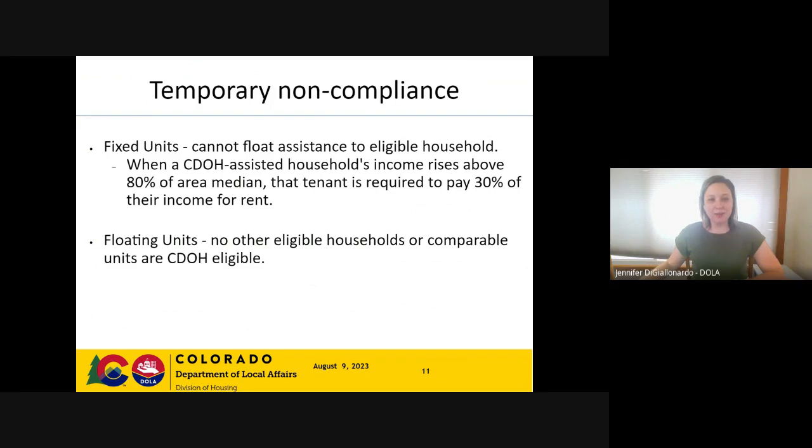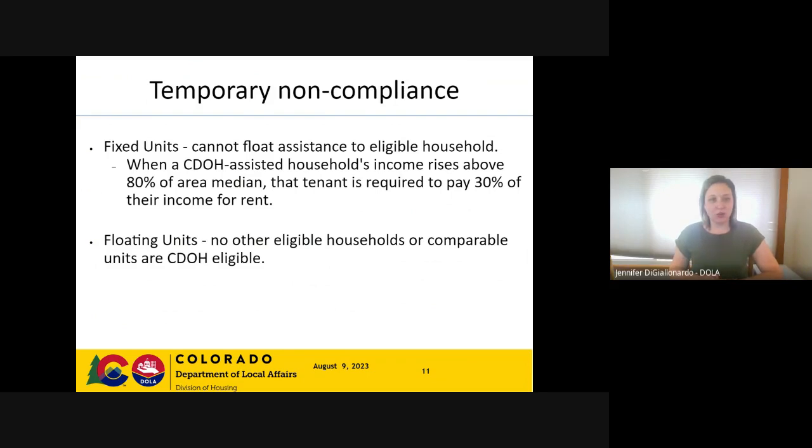Now, there are times that temporary non-compliance will come up. With your fixed units, you cannot float assistance to an eligible household. Those are units A, B, C, and D, and they will stick to those 4 units. So when a household's income rises above 80% of the area median income, I realize we're missing income on that slide, the tenant is required to pay 30% of their income.